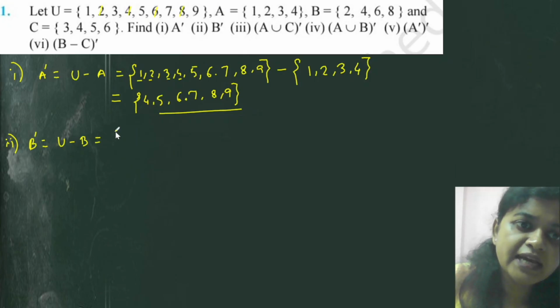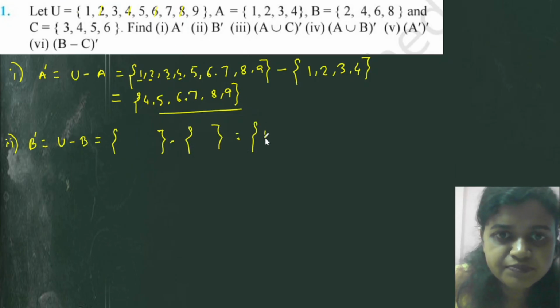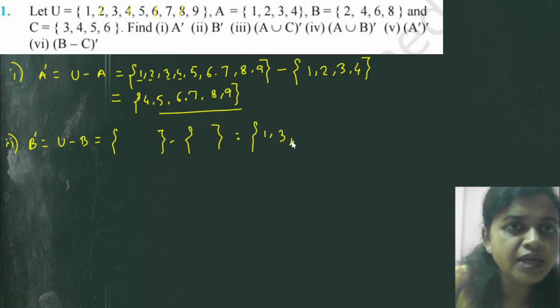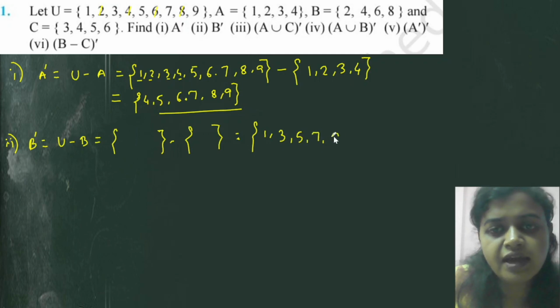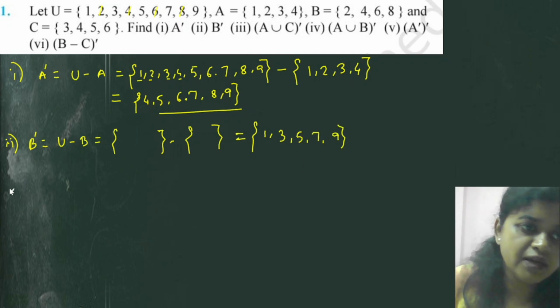So U minus B, we'll get the result: 1, 3, 5, 7 and 9. Got it? So this is the value of B complement.